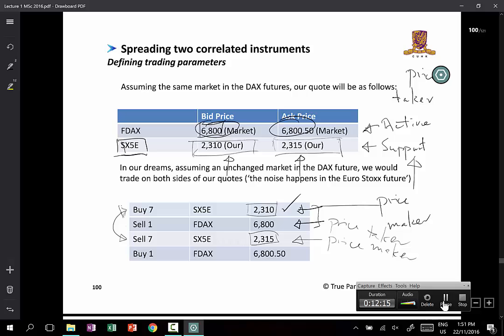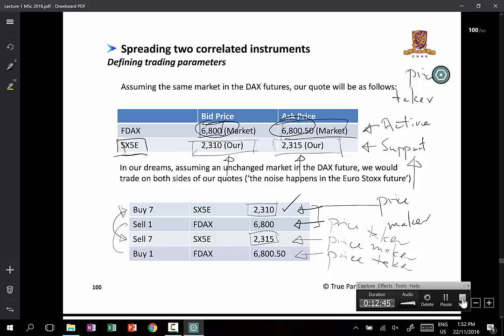So you can actually unwind your hedge by buying in the liquid market as a price taker. So you buy at someone's offer, and that's what this level here is. So that's roughly the procedure. So have a look again at questions 13 and 14 as well.